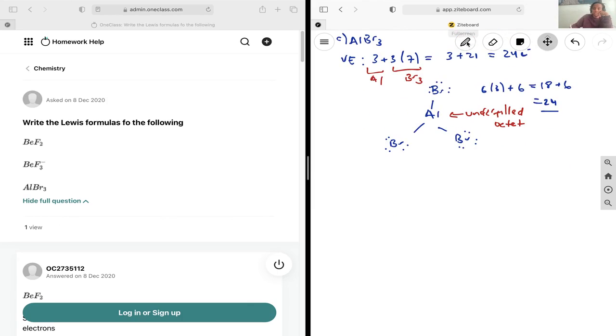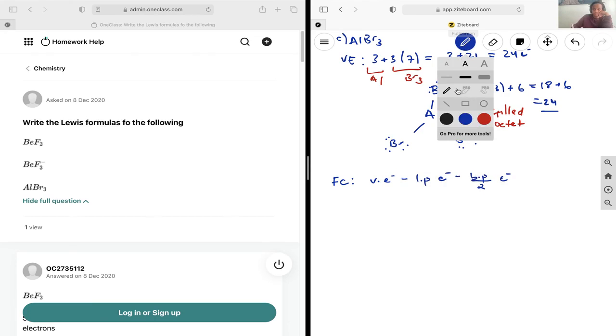Let's go ahead and count our formal charges. Let's just write down the formula very quickly. And so for our aluminum, that is going to be 3 minus 0 minus 6 over 2.